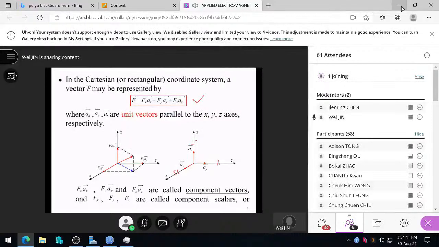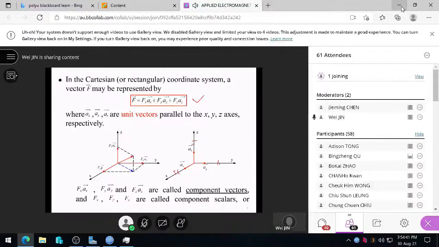So this is the magnitude of vector f. And to represent the direction of vector f, we use a unit vector in the direction of f, which is the vector itself divided, normalized, by the magnitude of the vector.